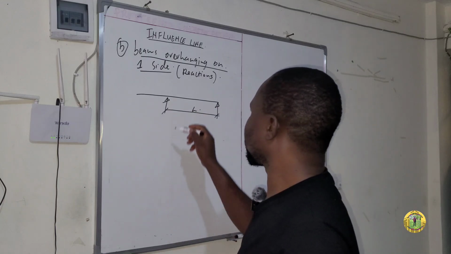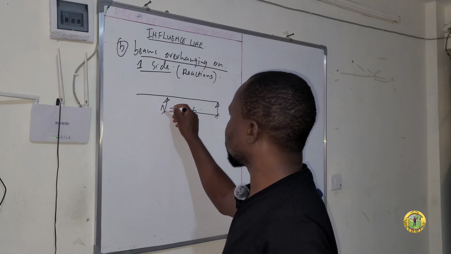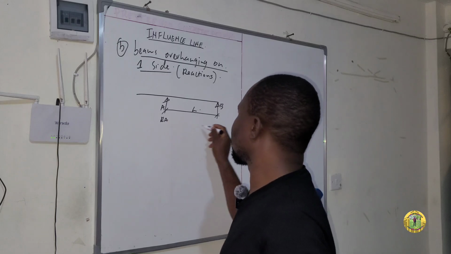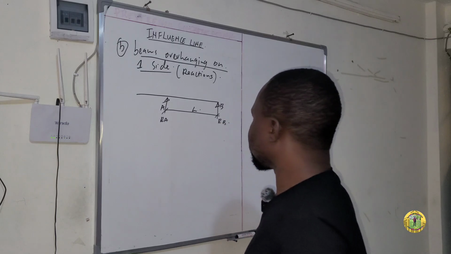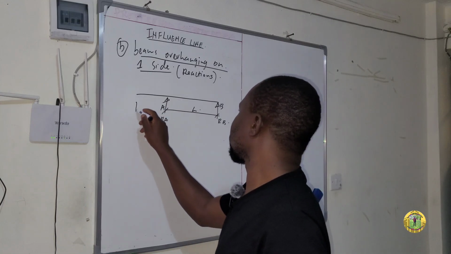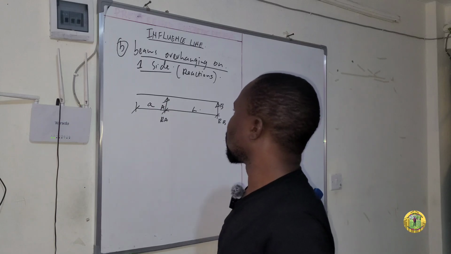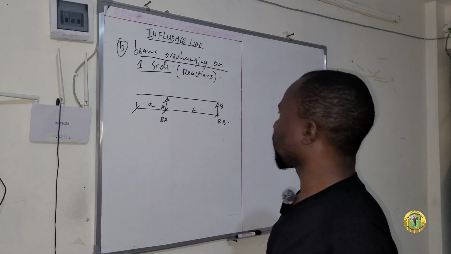So this is beam, overhanging beam on this side. This is support A, support B. Then you have reaction A, reaction B. So the overhanging portion is at distance A.